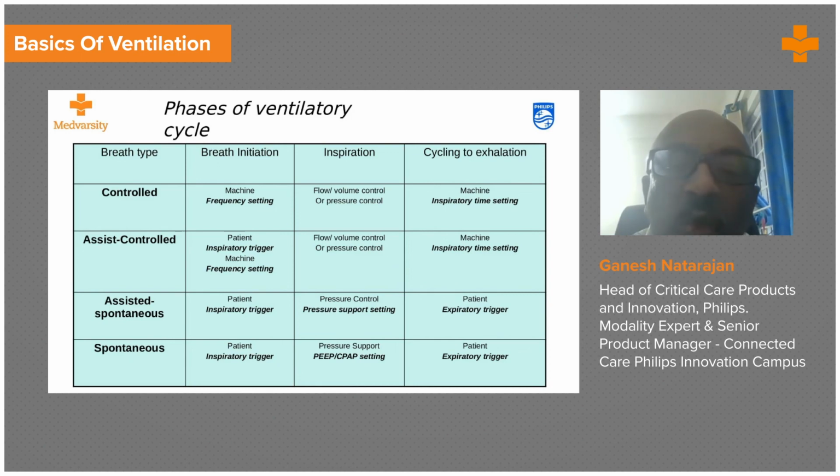Each machine has its own trigger window, but it's normally between 150 milliseconds to 400 milliseconds. If the patient initiates a breath in this particular trigger window, the pressure support gets active. However, if in the expiratory time, the patient initiates a breath out of the trigger window, then the patient is unsupported. It is the patient's own effort.